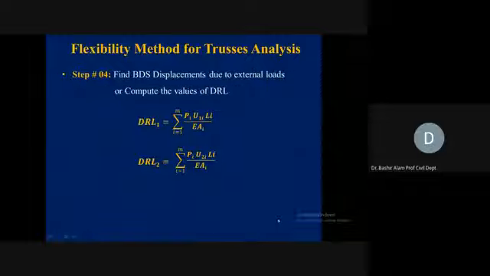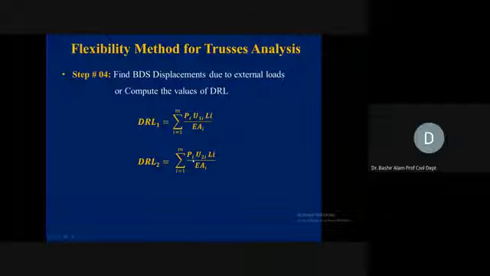Next, we find out DRL1 and DRL2. DRL1, if you remember, was the integral of capital M times M1 dx over EI. Here it will be the summation of P_i U1_i L_i divided by EA_i. Remember, i is the member number, so it will be the summation from different members contributing.